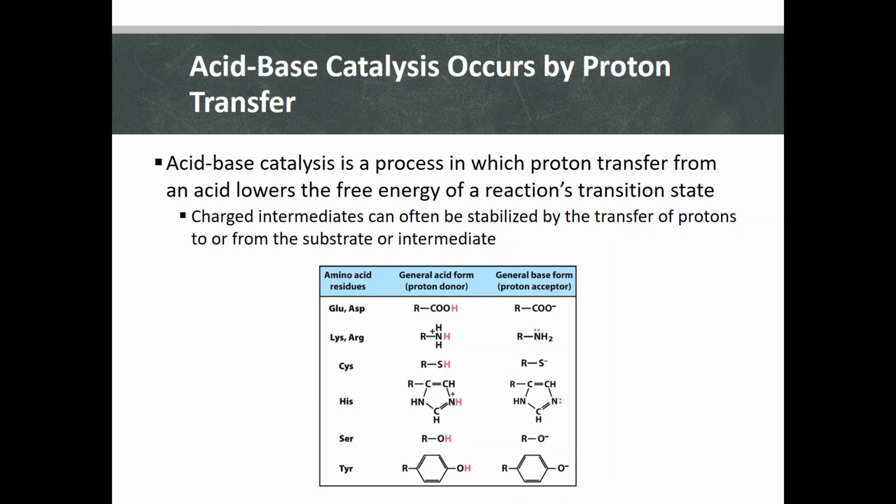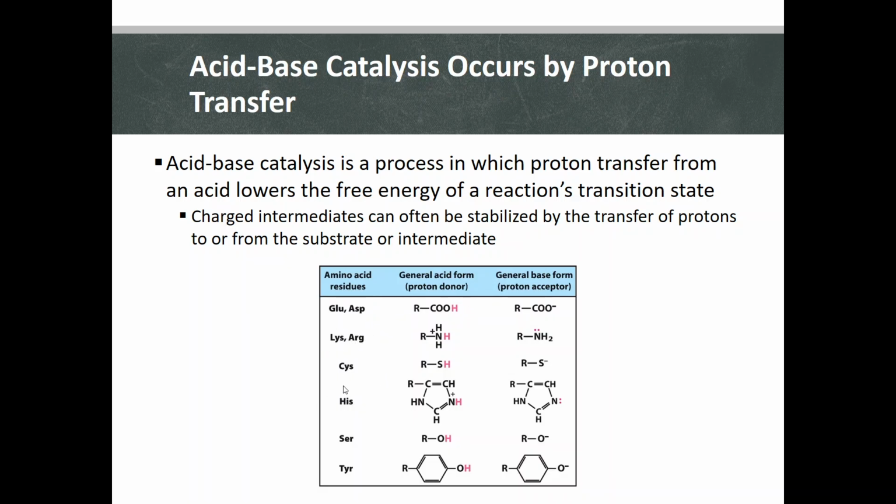Now, when we think about acid-base chemistry, we have multiple options within the side chain functional groups inherent to the standard 20 amino acids. You have your carboxylic acid-based functional groups in glutamic and aspartic acids. You've got your amines in lysine and arginine.